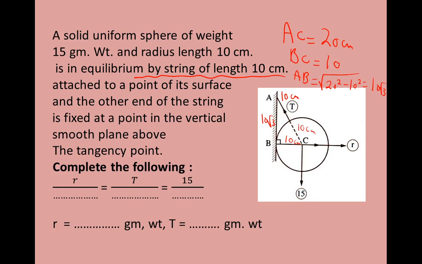I can use the triangle of forces rule, where the weight 15 can be represented by the line segment AB. Therefore 15 over 10 root 3, the tension force over 20 centimeters, and the reaction force over 10 centimeters.